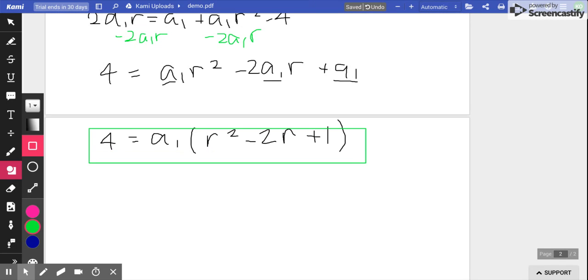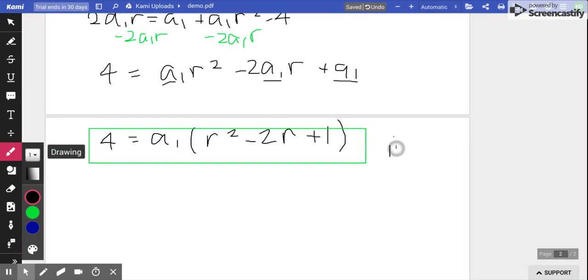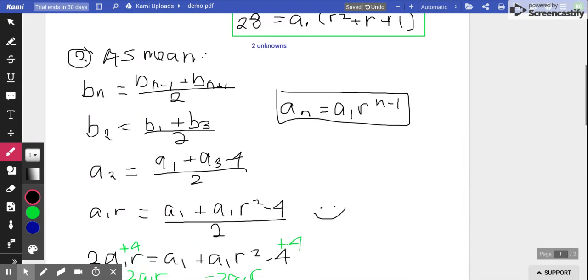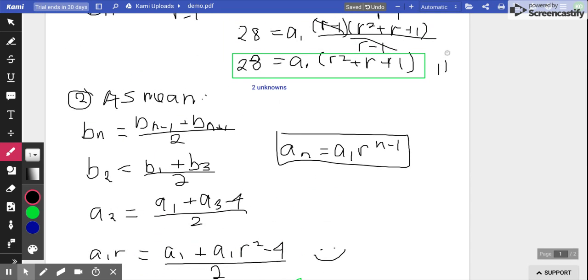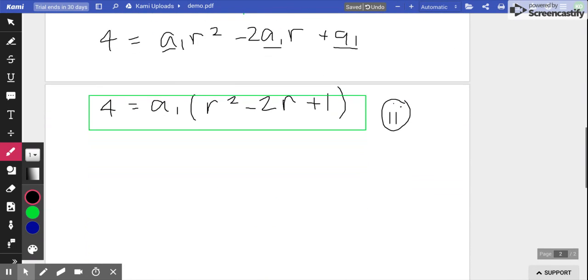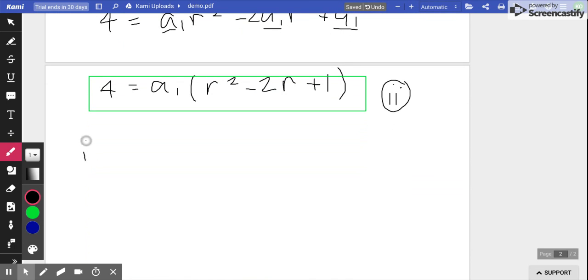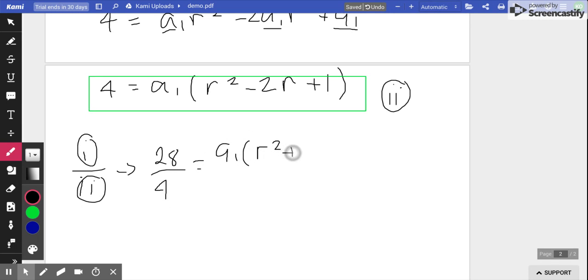So our last step would be, we now have a system and we basically want to solve it. This is my second equation, and I've got my first one up here. What I'm going to do now is just divide them. So I'm going to have the first one divided by the second one, which means I'm going to have 28 over 4 equals a1 times r squared plus r plus 1, divided by a1 times r squared minus 2r plus 1.